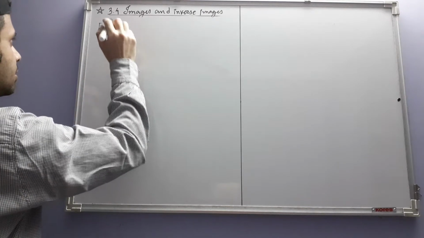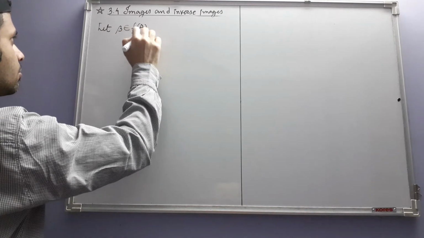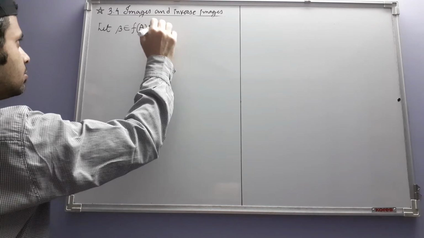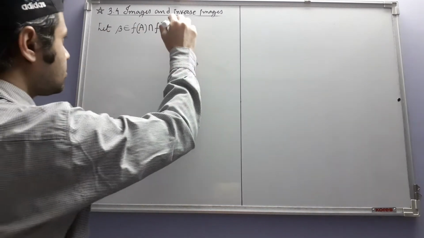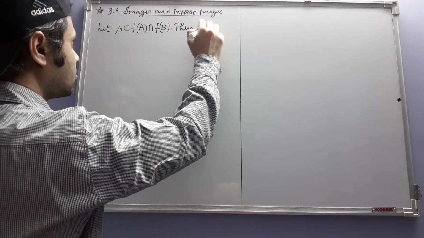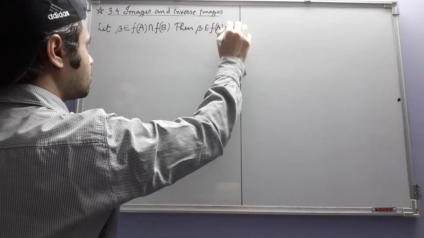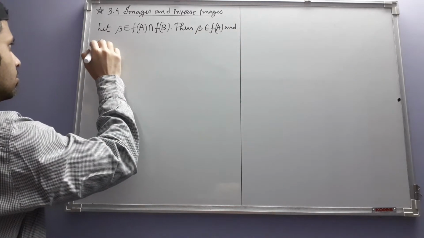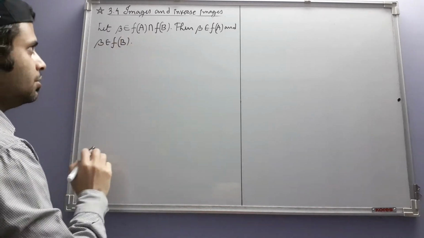So let beta be an element in f(A) intersection f(B). Then beta belongs to f(A) and beta belongs to f(B).